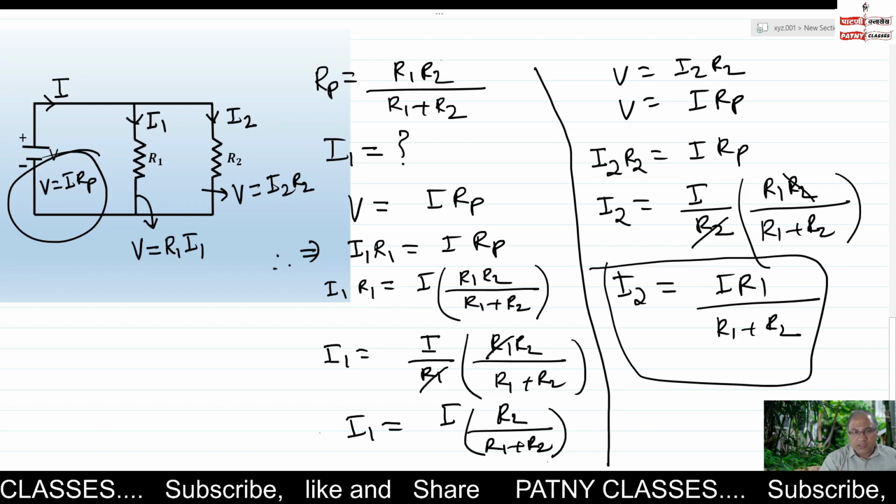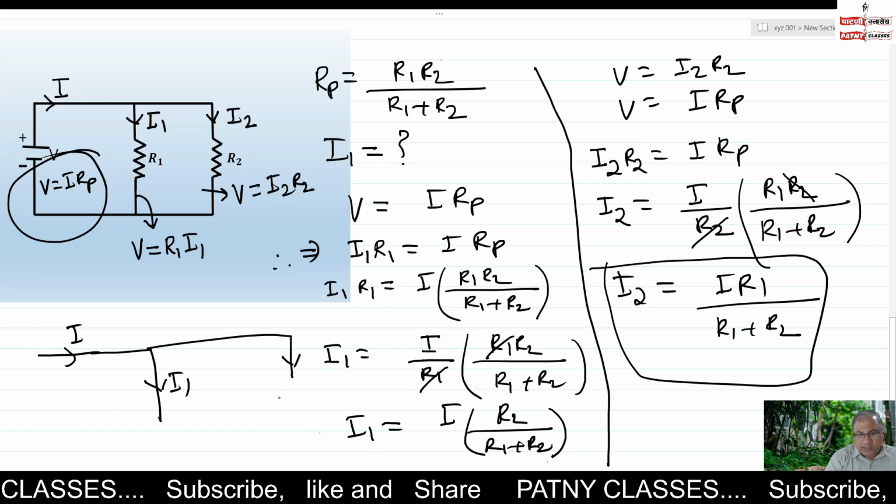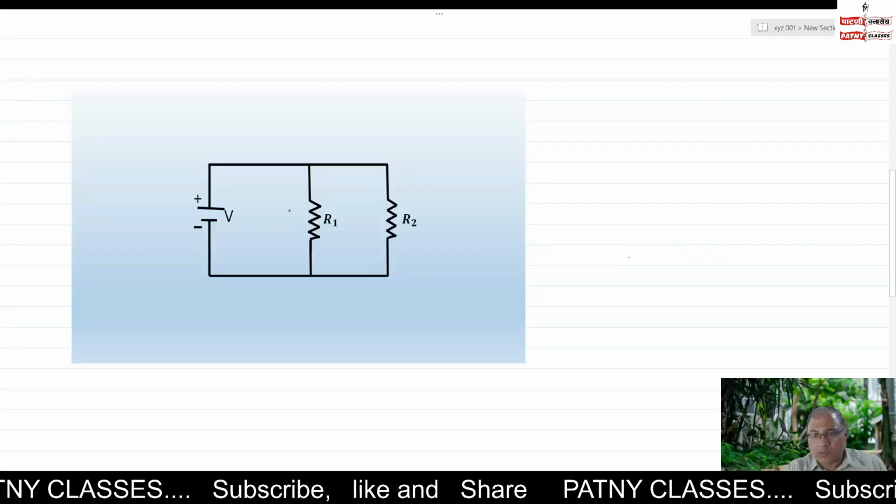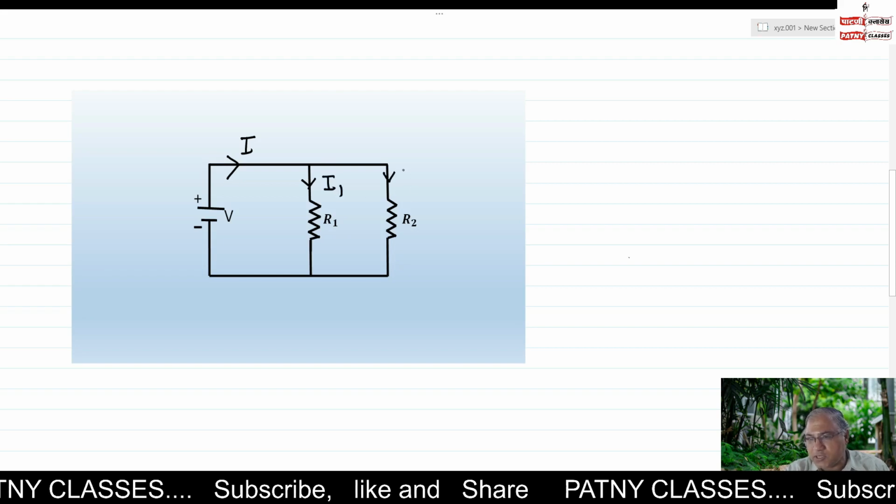This way the current I flowing through the circuit divides into two parts. The first part is I1 and the second part is I2. So let us summarize. The current through the resistor R1 is I1, and the current through the resistor R2 is I2.